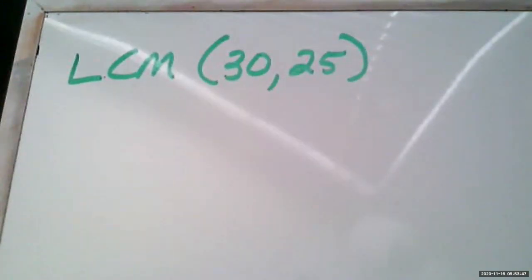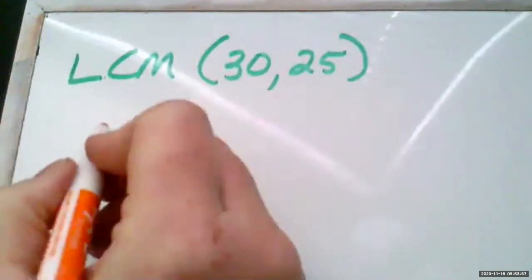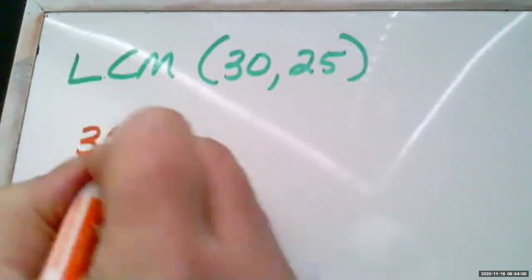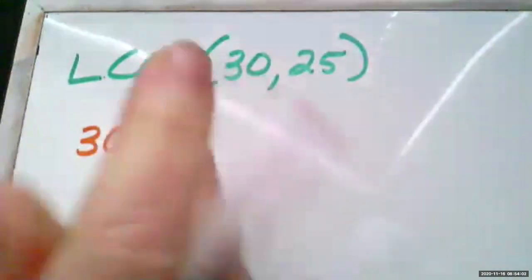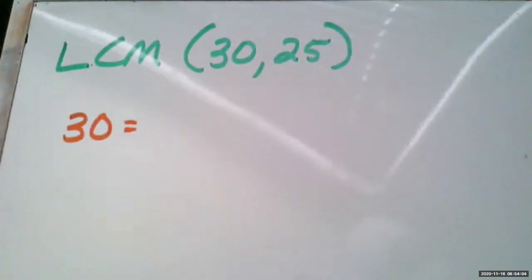So step one, write the prime factorization, and this time I'll turn the chat back on to host only. Write the prime factorization of 30.